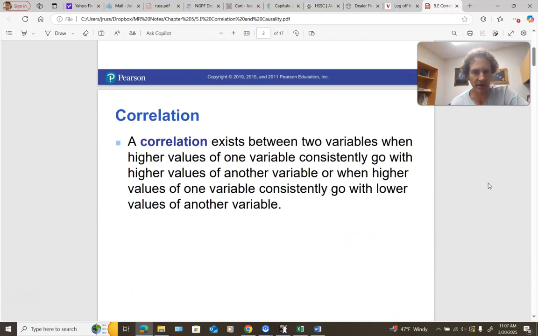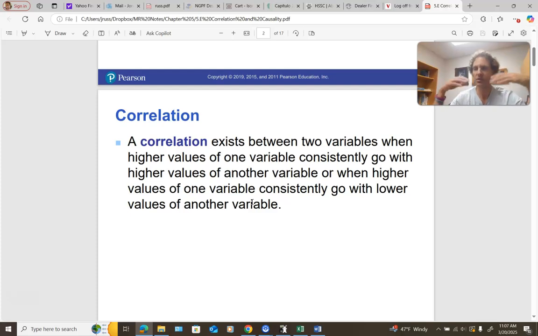All right, so let's look at some definitions. So a correlation, and you may have a sense of what this word means outside of a mathematical context, but it says a correlation exists between two variables or two things, okay, when higher values of one variable consistently go with or correspond with higher values of another variable, or when higher values of one variable consistently go with lower values of the other variable.